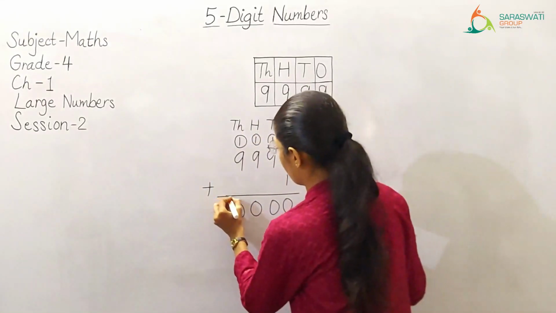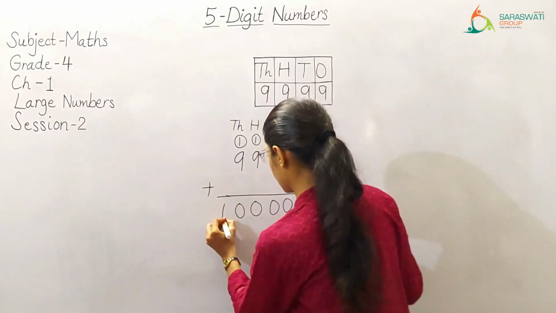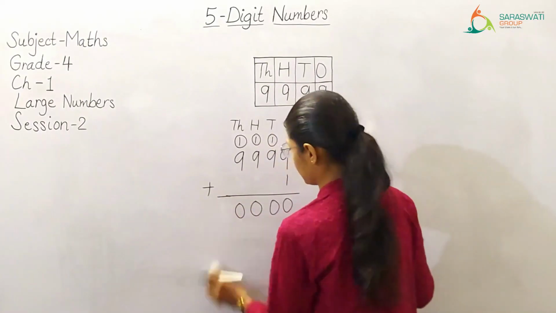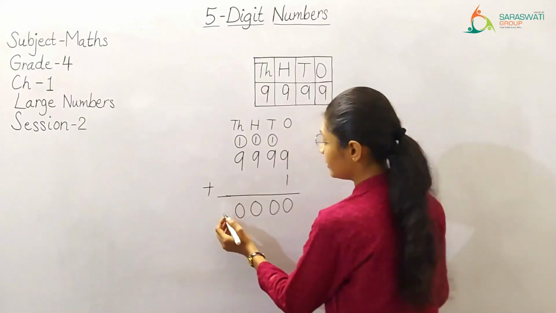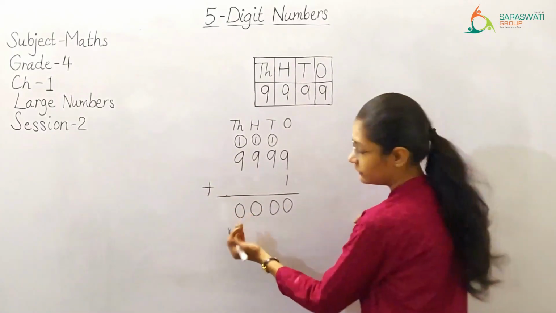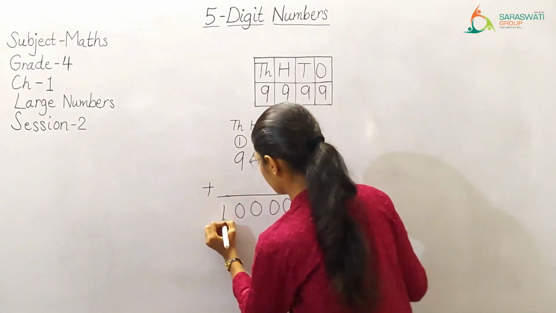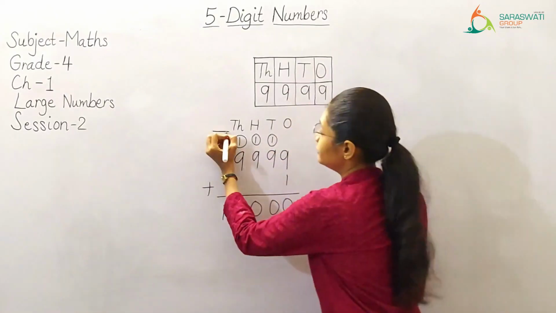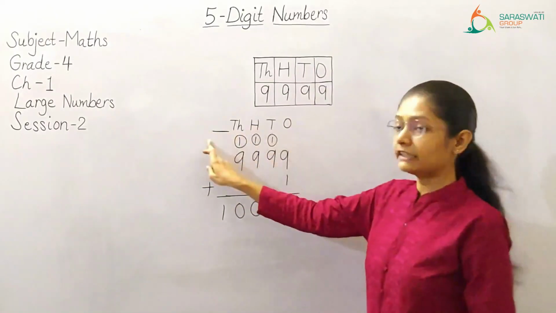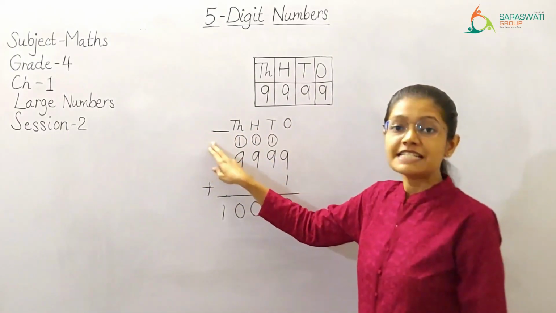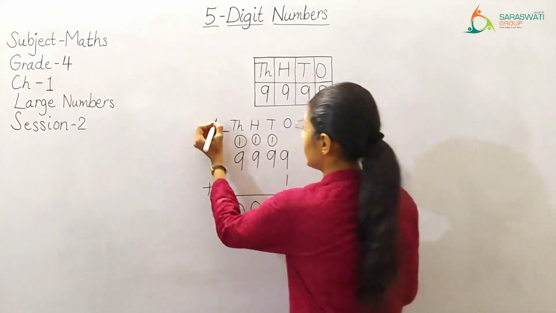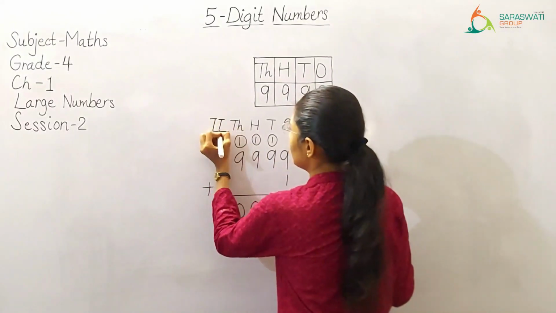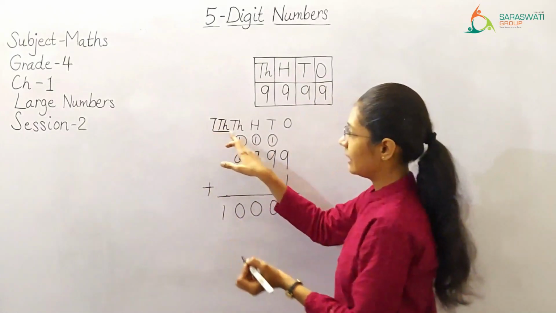And 1 under the fifth column from the right side. Now this fifth place from the right side is known as the 10,000s place. So we write it as TTH, 10,000.